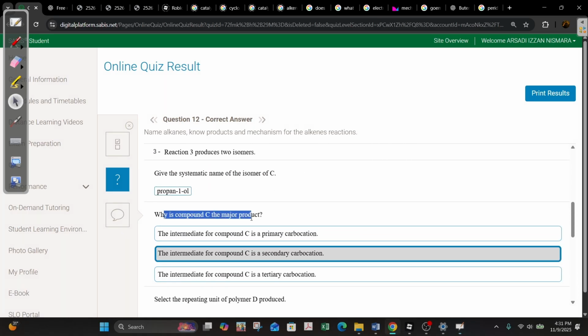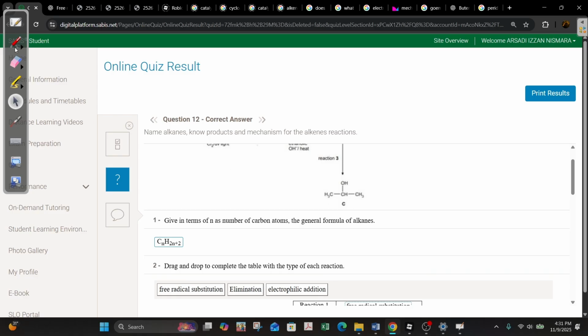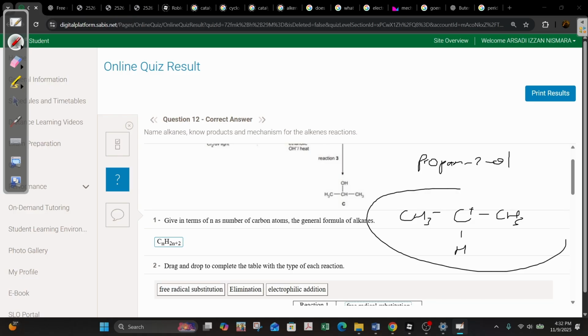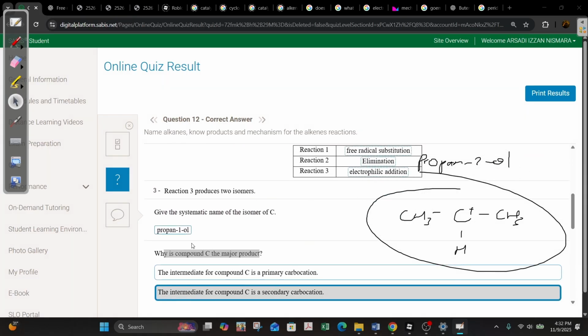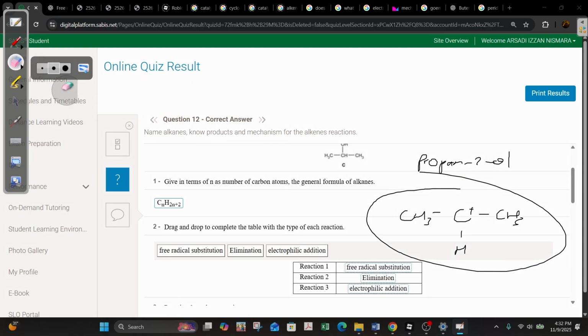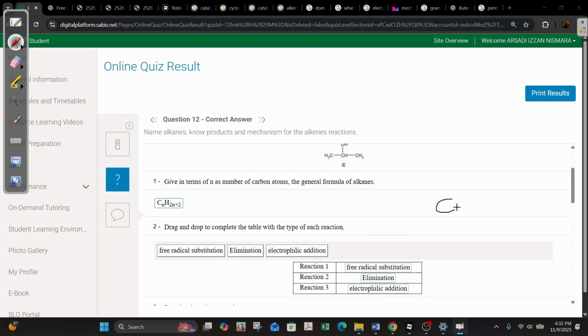Why is compound C the major product? The reason compound C is the major product is because in propan-2-ol, you'll have two R groups in the intermediate, and the higher the number of alkyl groups, the more stable it becomes. And in life, we always like stable things, so that's why it prefers this reaction more than propan-1-ol, because in propan-1-ol it's only a primary.